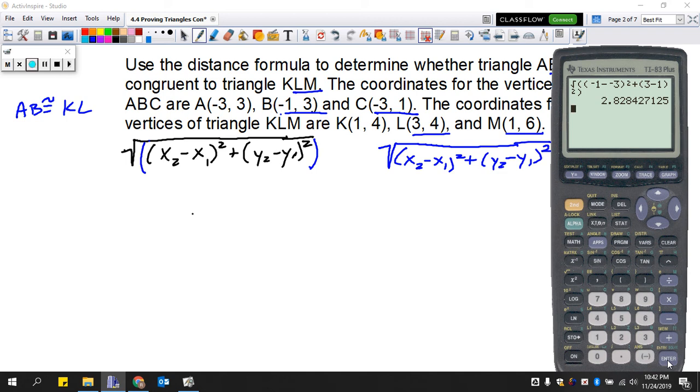Okay, so if we did this, -1 minus -3, that'd be 2 squared plus 2 squared, which would be square root of 8. Okay, and it doesn't really matter, let's just do the LM, okay?